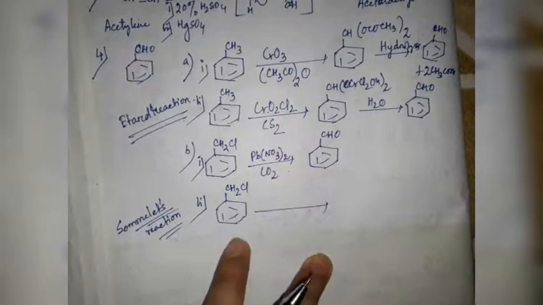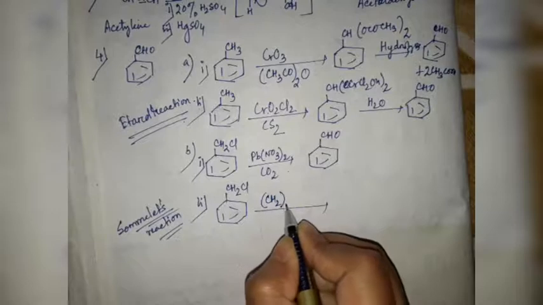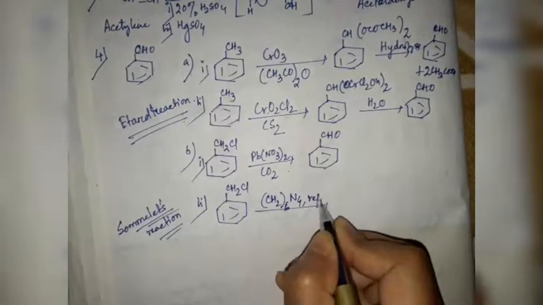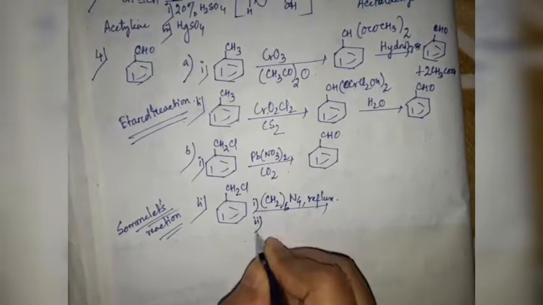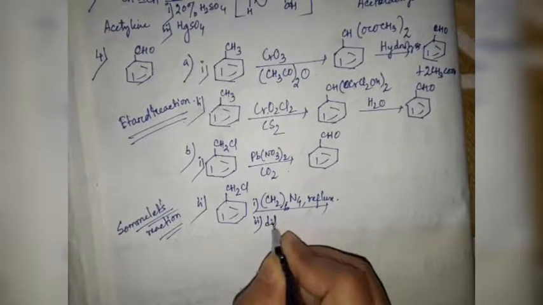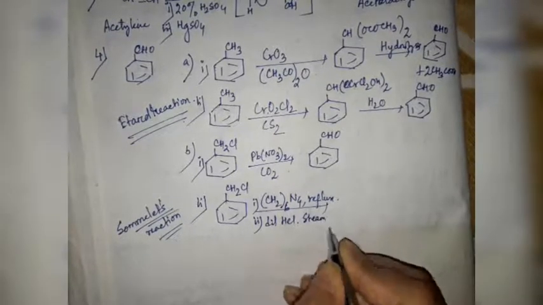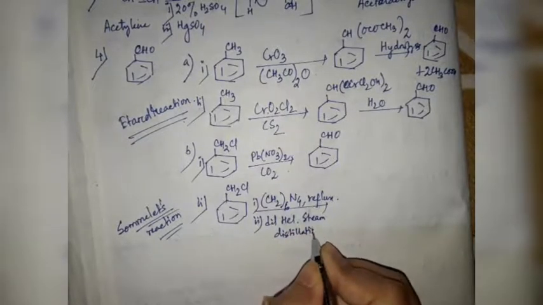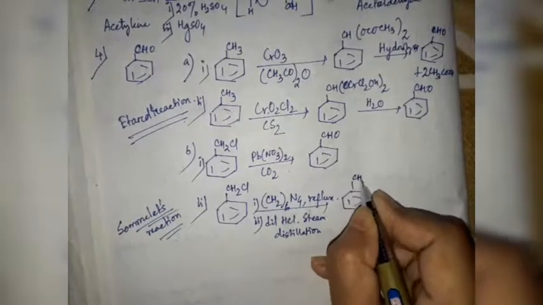We have to treat this benzyl chloride with hexamethylenetetramine, and we have to reflux the mixture, and after that we have to treat it with dilute acid like dilute HCl, and after that we have to do steam distillation. So we will get benzaldehyde as our product.